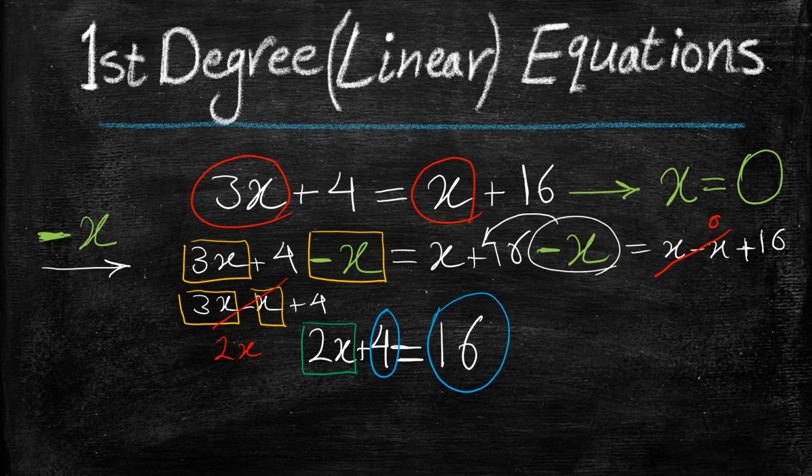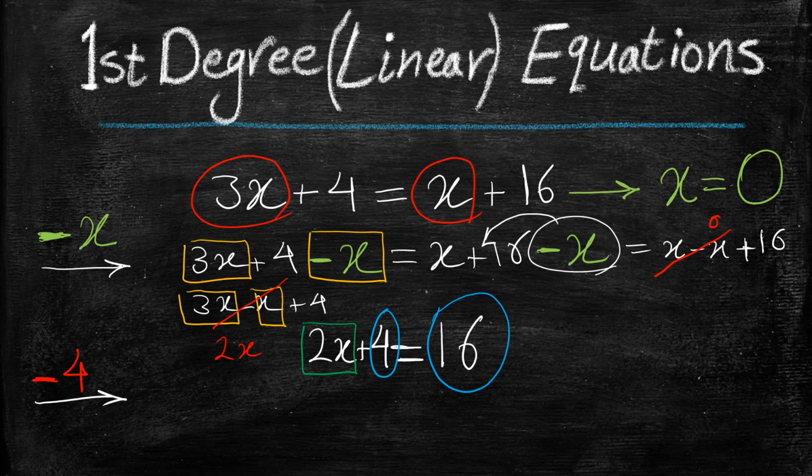So we want to isolate x. Again, that's our end goal, isolate x on one side. So how about I subtract both sides of this equation by 4. Again, let's use a color, for example, red. Subtract 4 from both sides so that we can eliminate this 4 on the left hand side.